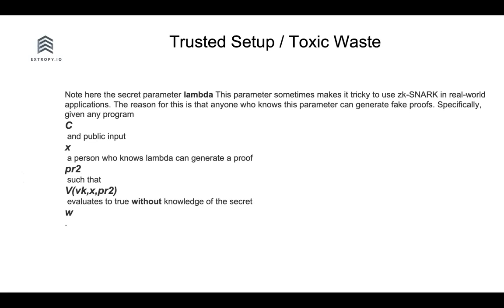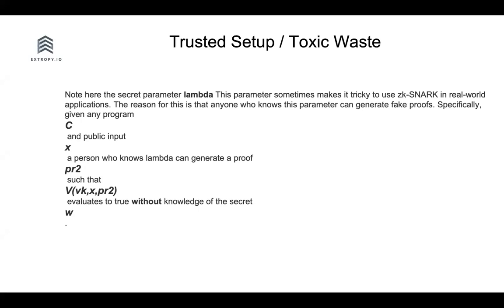They wanted to be able to do a trusted setup without giving away details of lambda, the secret parameter. And the way that this has been done in practice involves certain ceremonies.